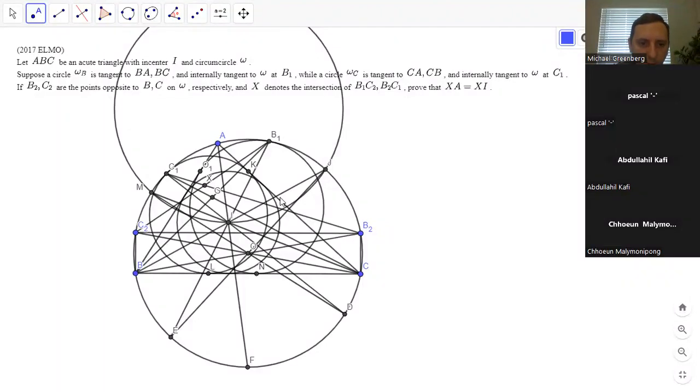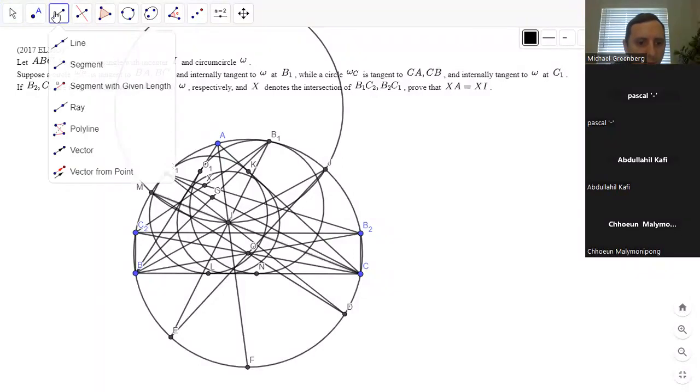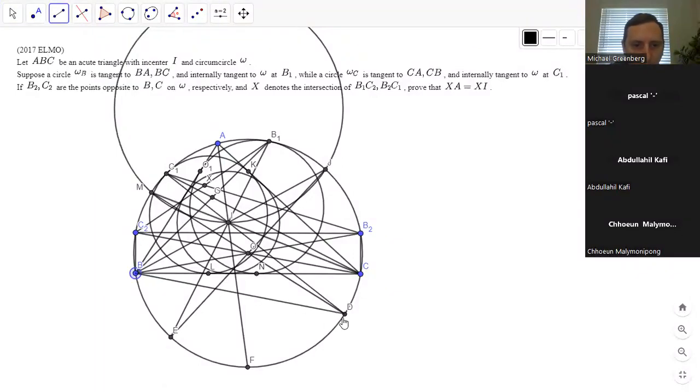So if we do MEF, CDJ, so MC and JE meet at O. And then we have MC and JB. So maybe it's MBE, JCD. But then we would need to add this point. So I think this point should also lie on that line.